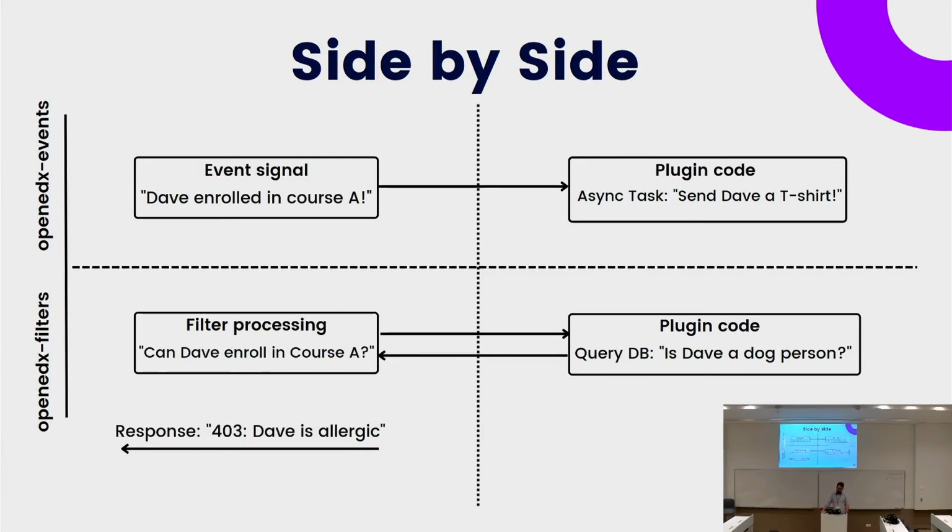In the case of filters below, as it happens before something, or when an action is about to occur, then I can question if the action should occur or not. So if instead of saying Dave enrolled, I say, can Dave enroll? I'll pass some data to say if Dave enrolls, and then my plugin code can look at whatever bizarre logic I might have.